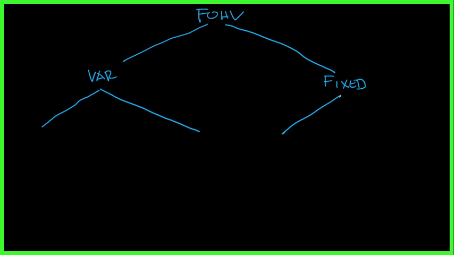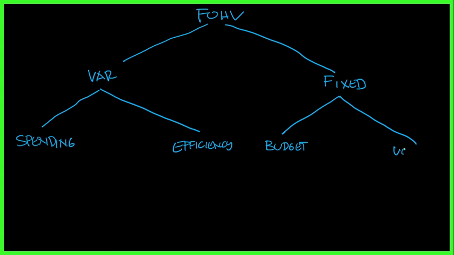Same with your fixed overhead variances. For your variable, you will have your spending variance and your efficiency variance. While for your fixed overhead, you will have your budget variance and your volume variance.